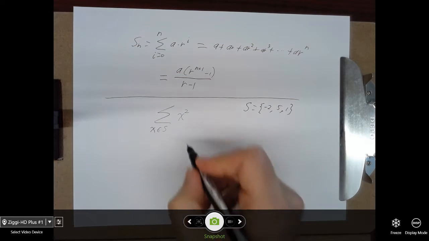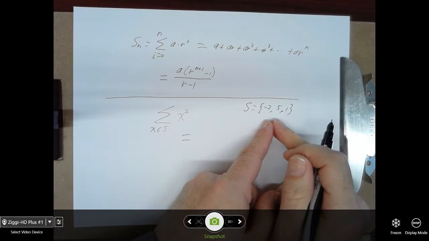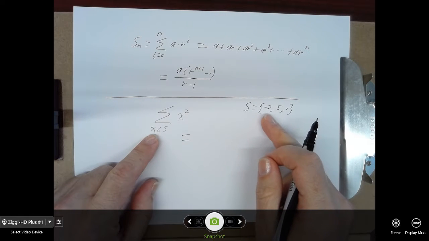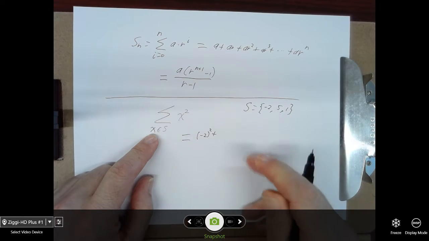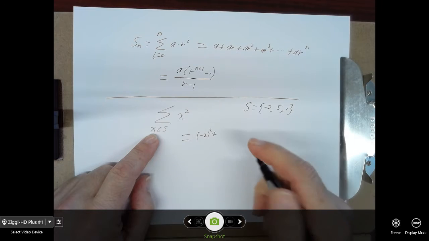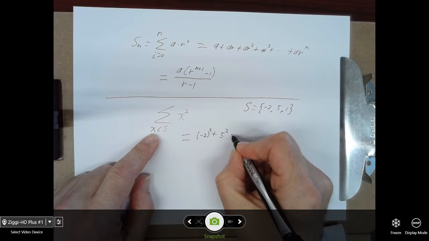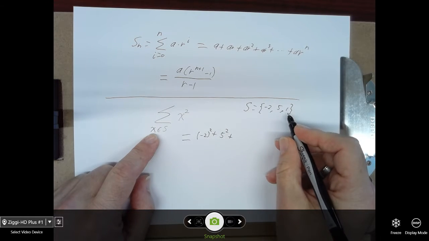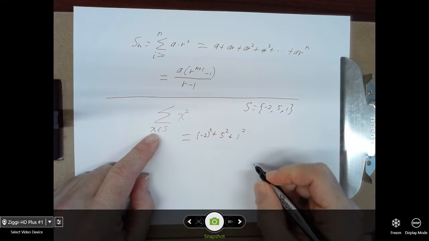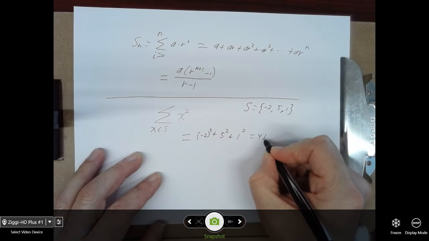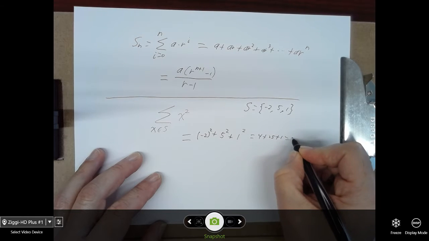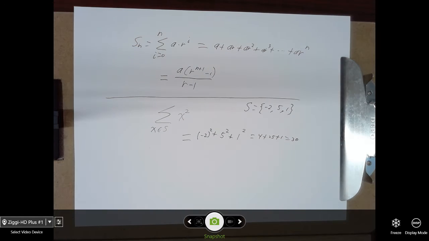So this is saying pick any of the elements in S first to let x be equal to, let's say -2. So this will be (-2) squared. And then pick another element in S. I'll just pick the 5, so it'll be plus 5 squared. Pick another element of S, say 1, plus 1 squared. And those are the only elements in S. So this is 4 plus 25 plus 1, which is equal to 30.